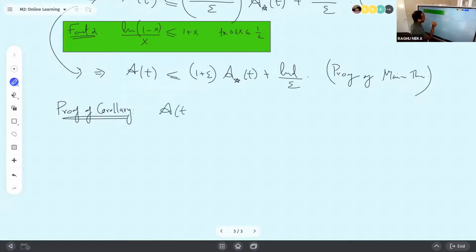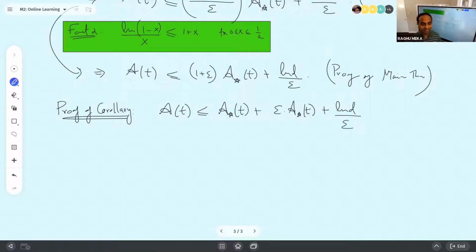So we have A(t) is less than or equal to A*(t) plus epsilon times A*(t) plus ln d by epsilon. I'm just rewriting it. And we know that the total loss of the best expert is at most t. Each round they incur loss of at most one.